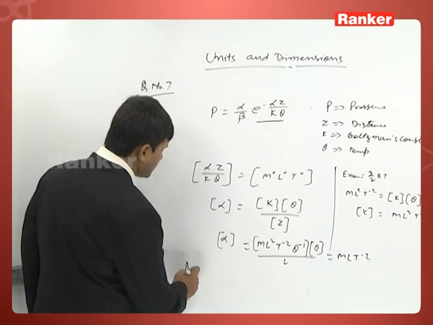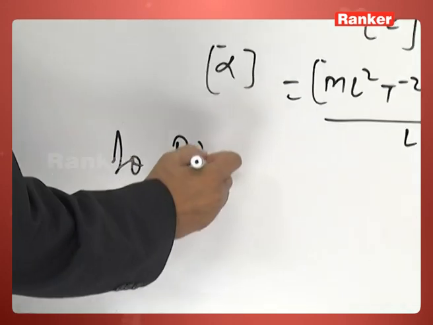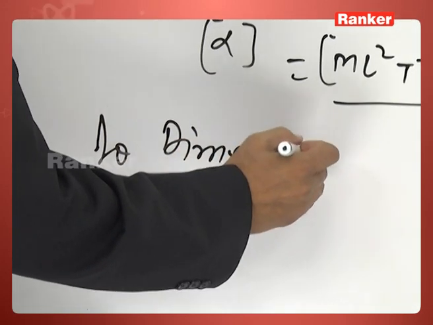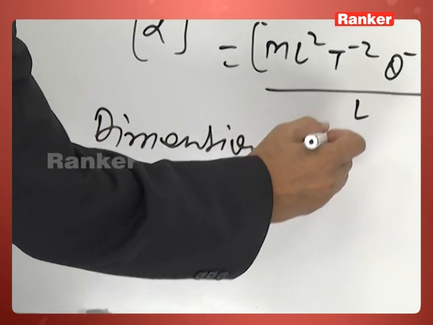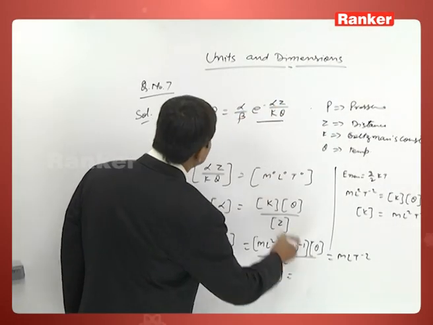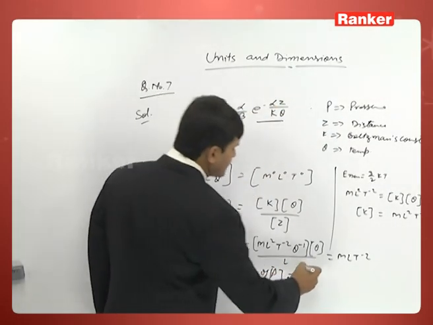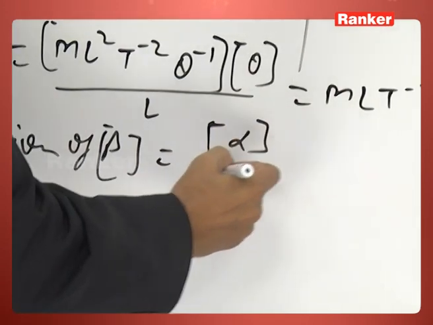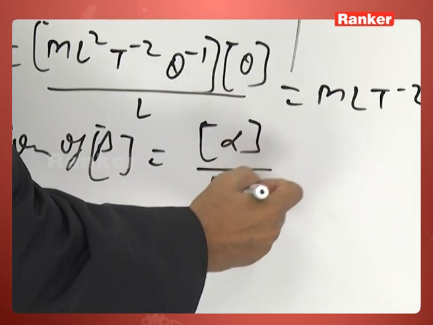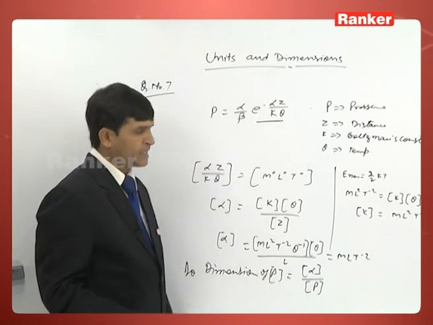So the dimension of beta is equal to the dimension of alpha by the dimension of P, the pressure.